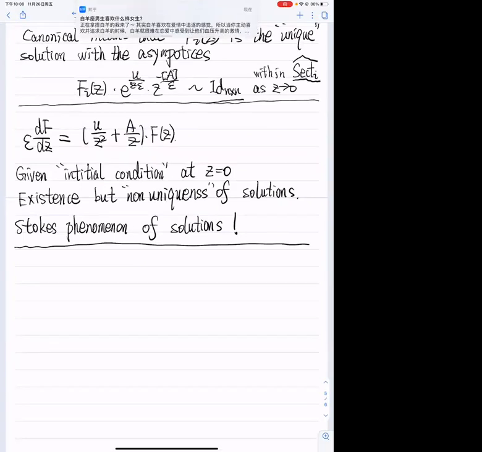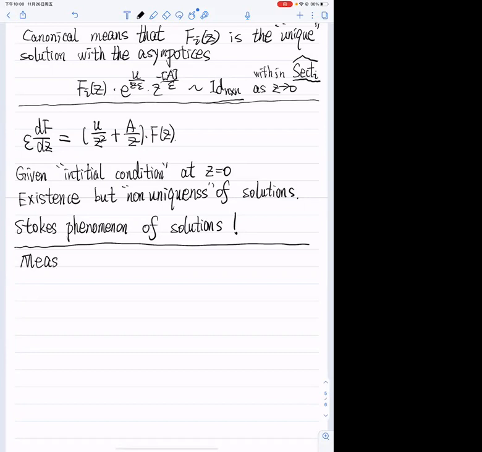Now let me introduce the so-called Stokes matrices, which are a measure of the Stokes phenomenon. Recall that before we had the exponential Chroma function whose asymptotics jump along the purely imaginary axis.